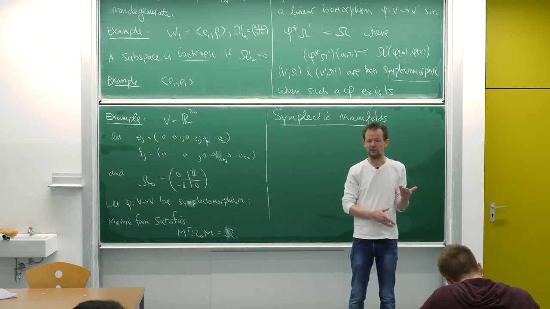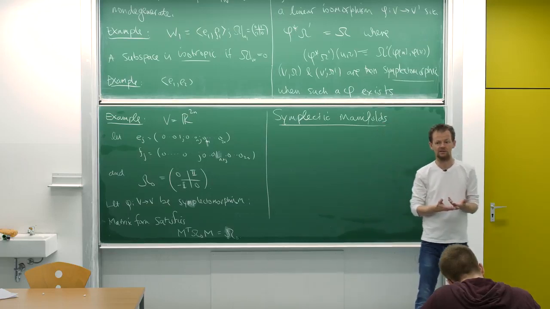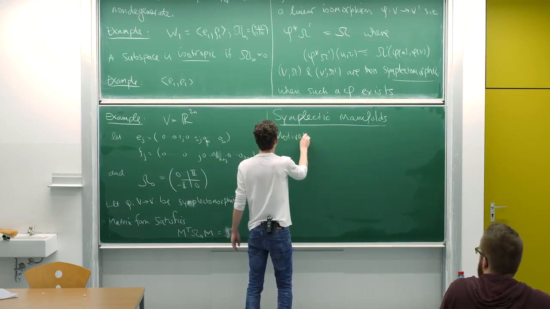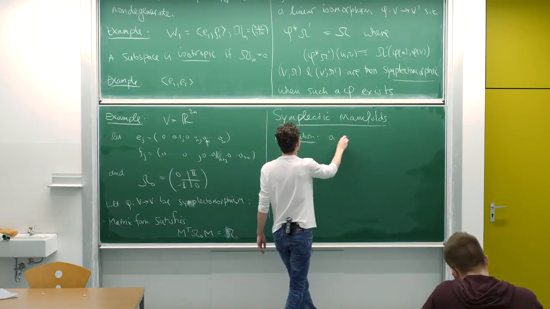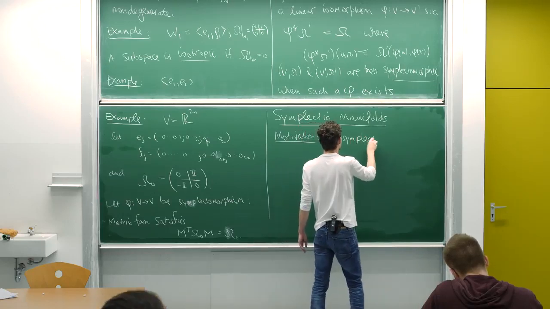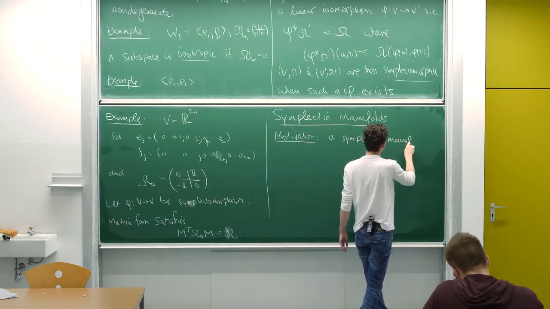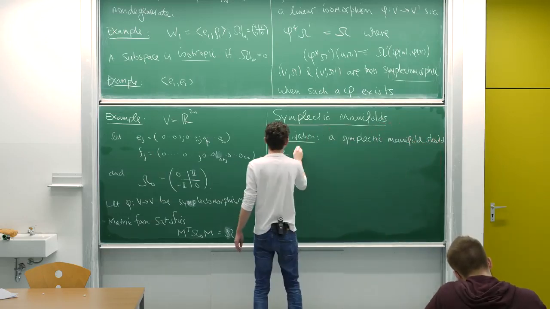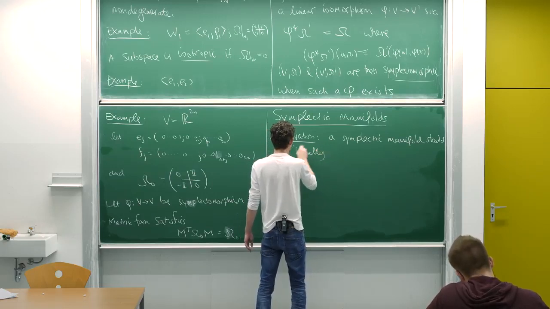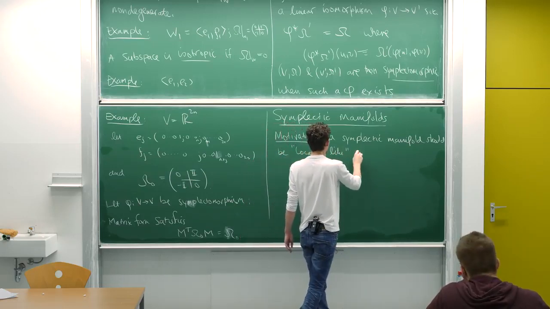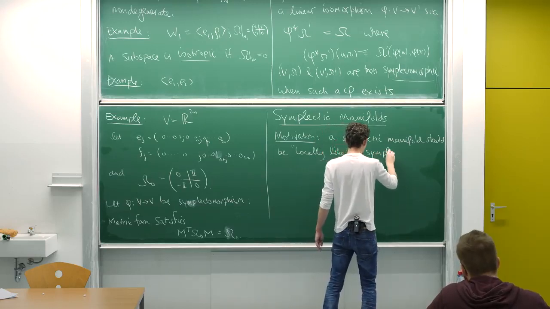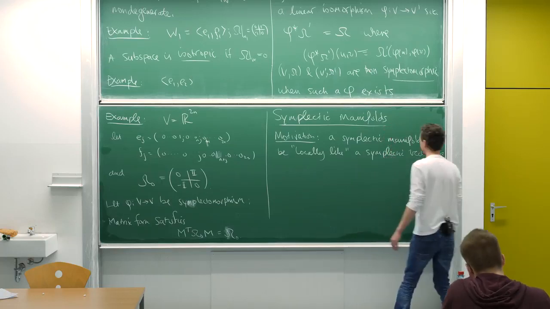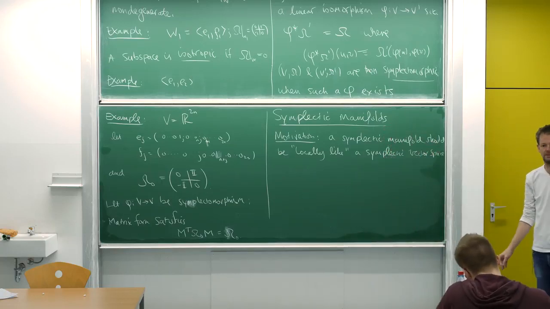So a symplectic manifold should locally be like a symplectic vector space. That's the motivation for the definition I'm going to write down.